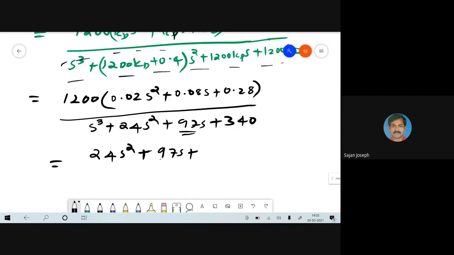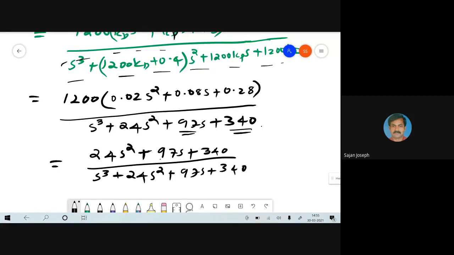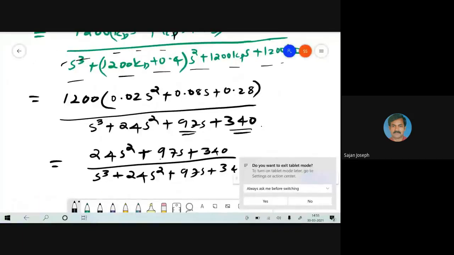Then the last term is 340, this term, divided by S cube plus 24S square plus 97S plus 340. So this is the system after adding controller, and then you can go to Scilab for simulating it.